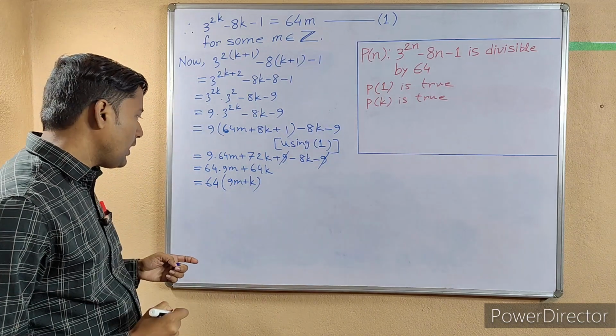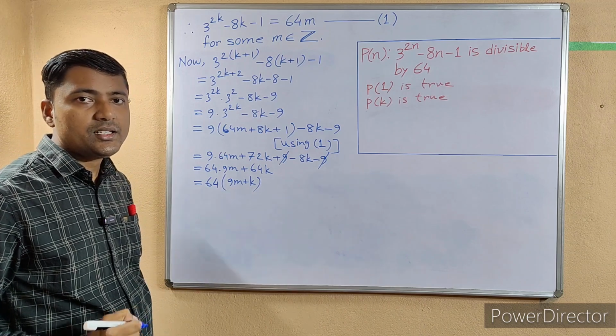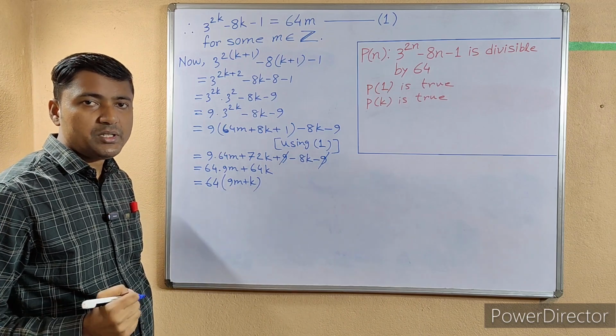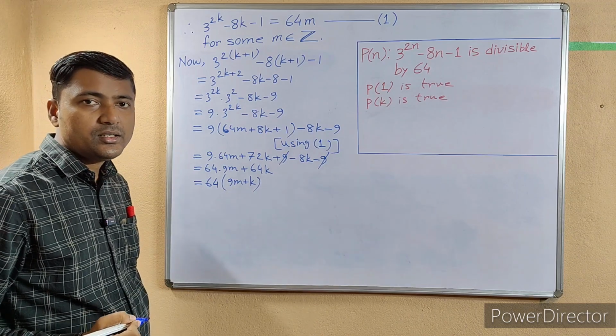Now notice that here m is an integer and k is a natural number, that is, a positive integer. Hence 9m plus k is an integer.